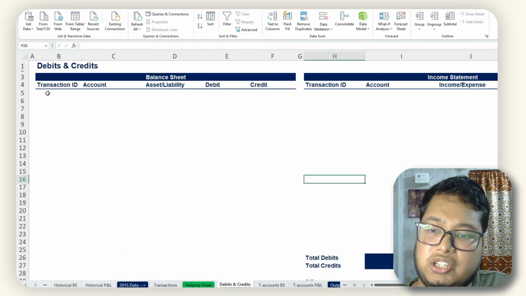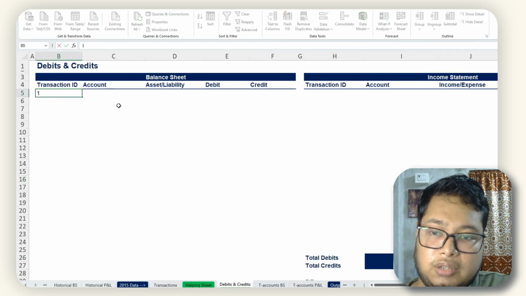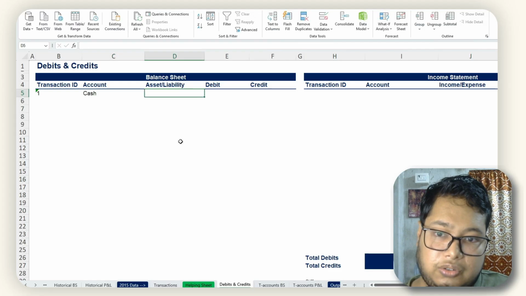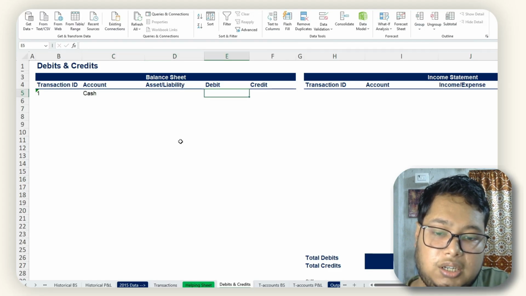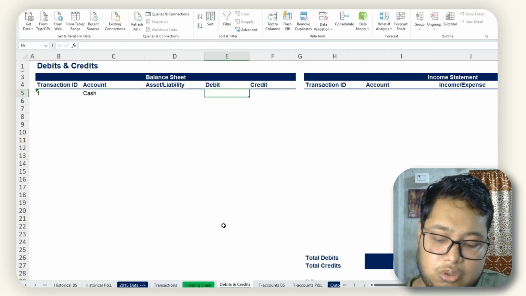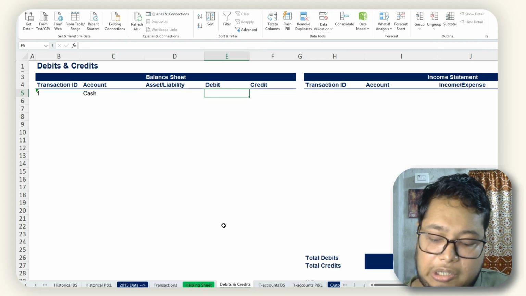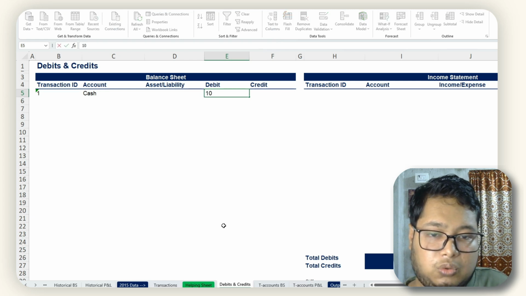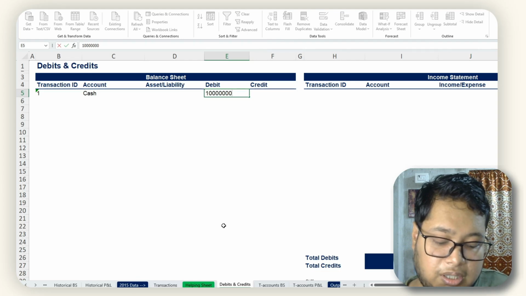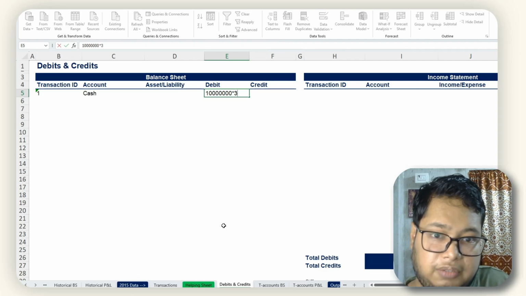So it's a balance sheet transaction only. One, cash will be debited. How much? It's saying 10 million shares at $3 each, so 10 million multiplied by 3.